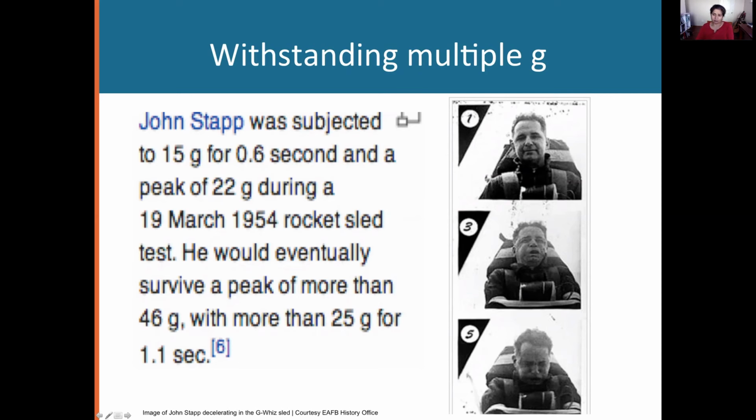Here, he's doing one of his test experiments, and you can see how much the blood is rushing to his face. He survived for a very short time at a maximum force of 46 G, and that you can only take for a fraction of a second.